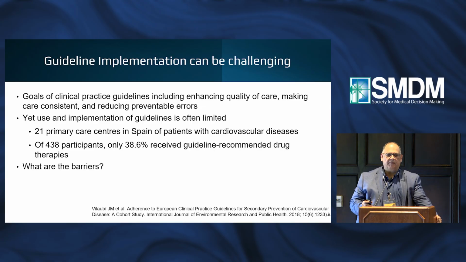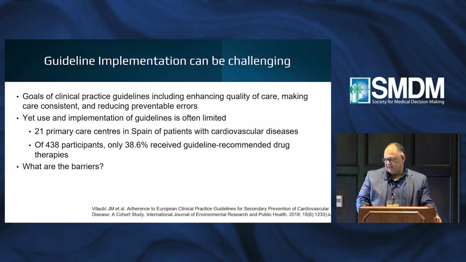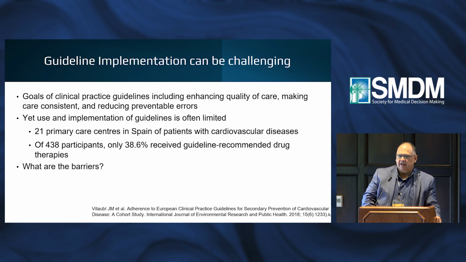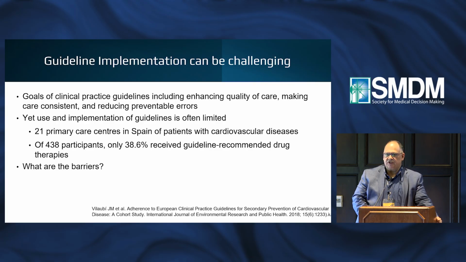So perhaps not surprising, guideline implementation can be challenging. As Amy was just saying, the goals of guidelines tend to be to enhance quality of care, to make care consistent, to reduce preventable errors. But we have lots of literature that the use and implementation of guidelines is often quite limited. Here's one example.